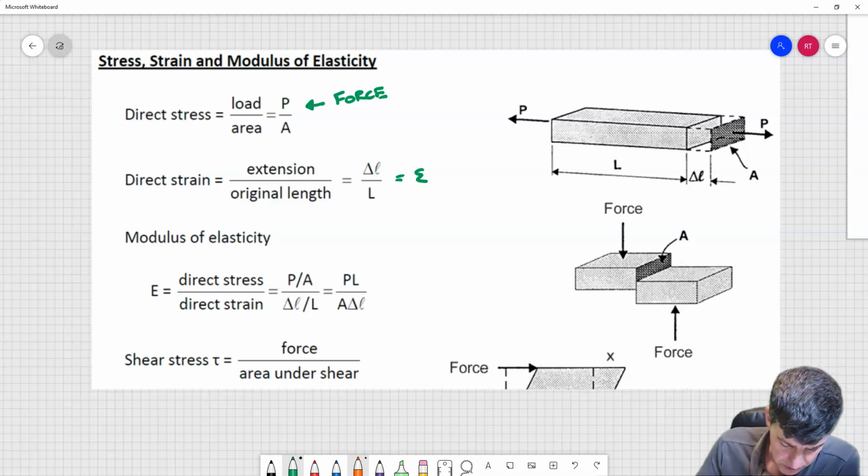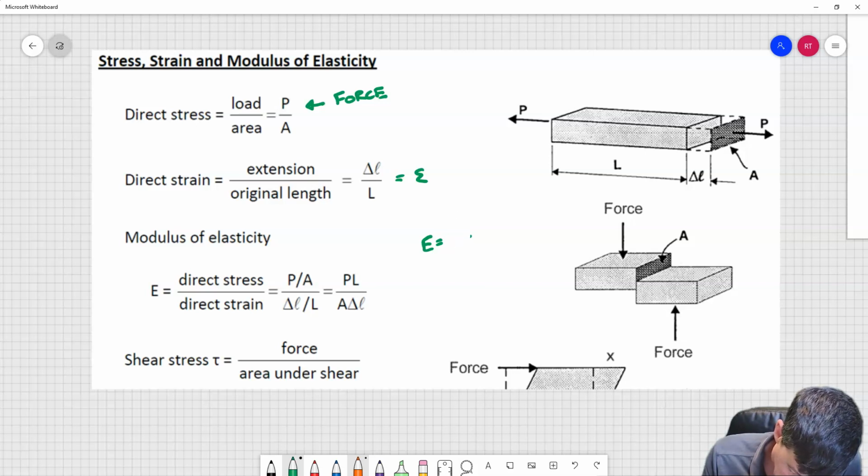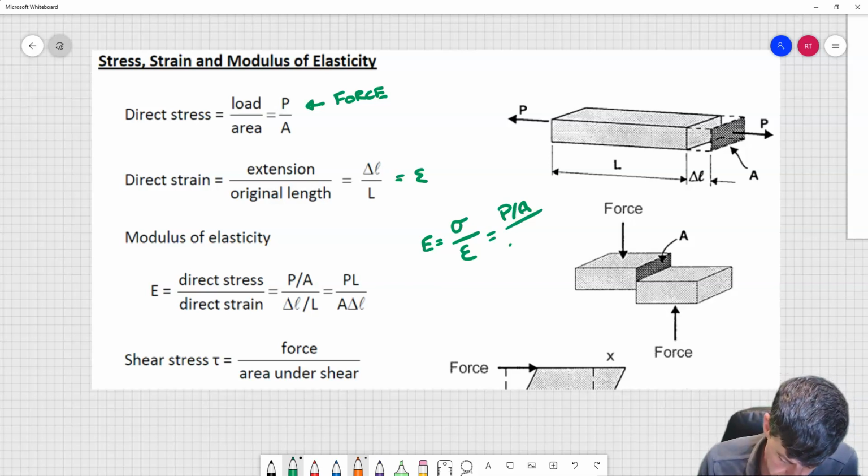They've gone one step further, which is a good idea, and said that E is a measure of stress over strain, which is equal to, well, stress is equal to a force per area. So they've gone P over A divided by strain, which is a change of length per length, which gets us to this equation here.